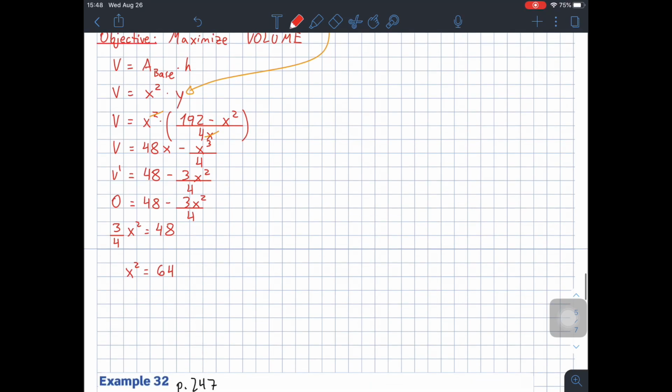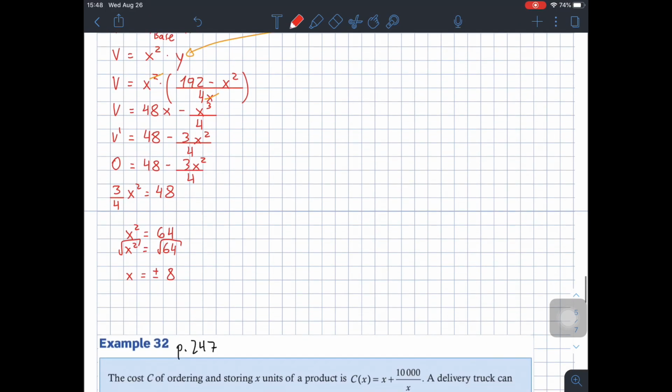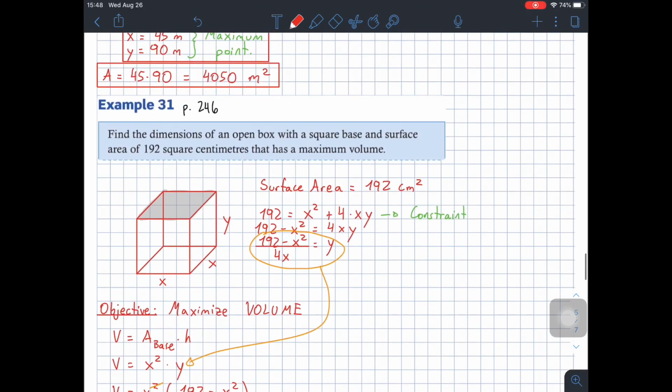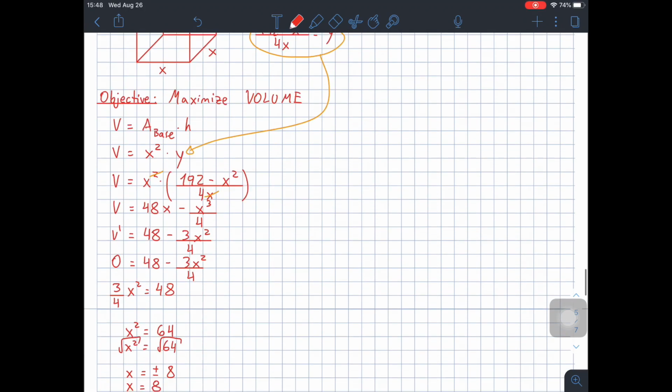So if we take the square root from both sides, the square root of 64 is plus or minus 8, right? So there are two possible values for x. Either x is equal to positive 8 or x is equal to negative 8. Remember that in this problem, we're talking about, first of all, centimeters.